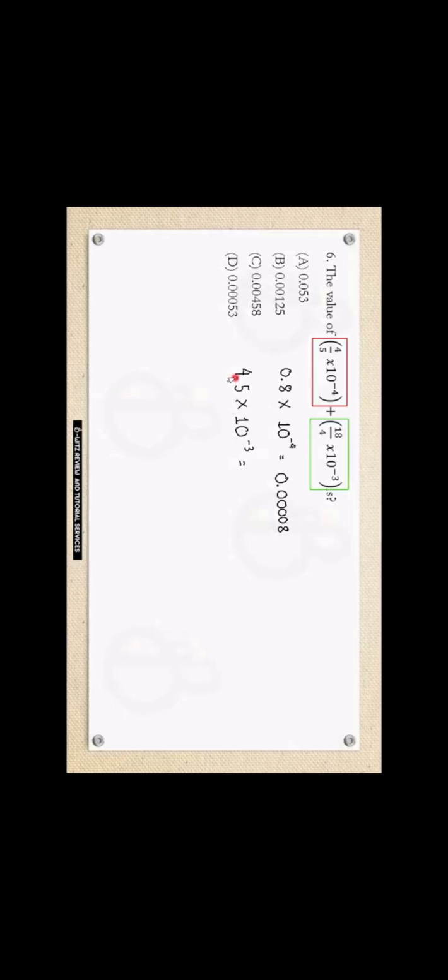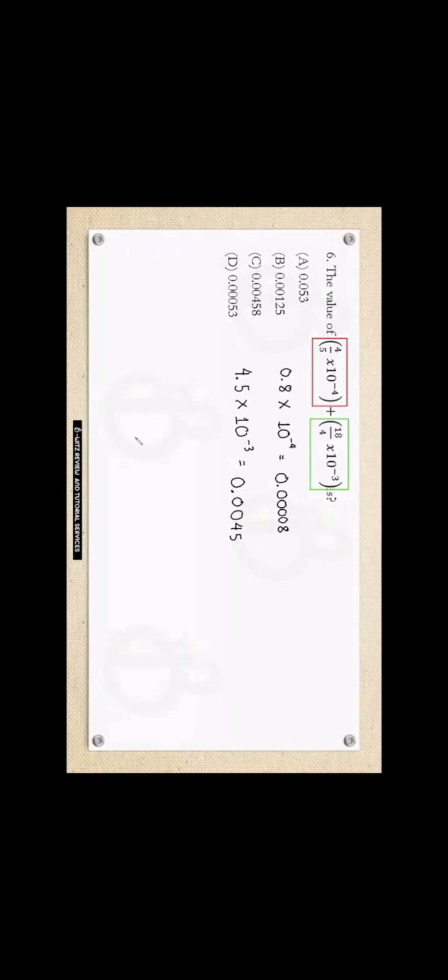In doing that, 1, 2, 3, finally we will have our result, which is 0.0045. Again, let us check. So 1, 2, 3, 3 decimal places.